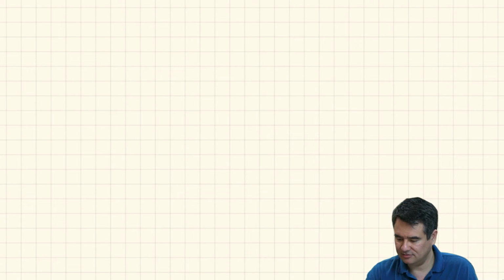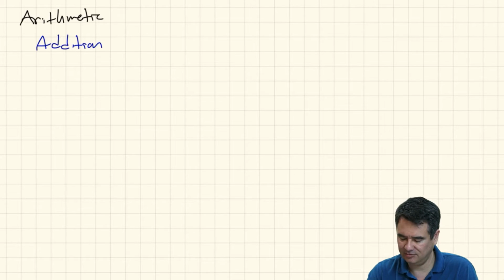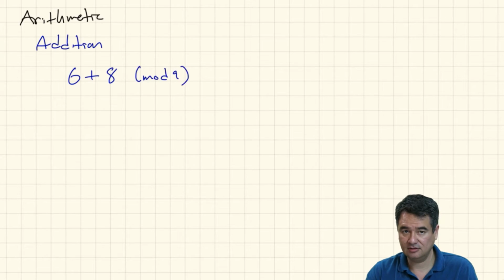Okay, let's talk about how to do arithmetic. In particular, let's do addition. So if we have something like 6 plus 8 mod 9, let's put our wheel back on the screen.